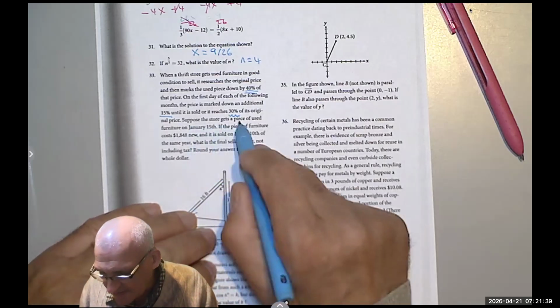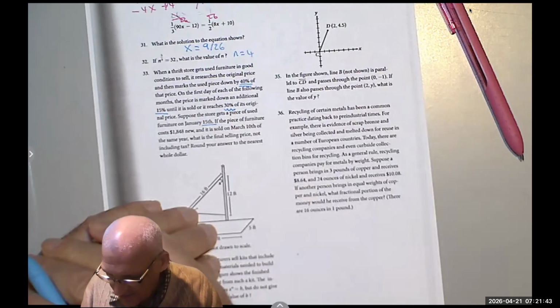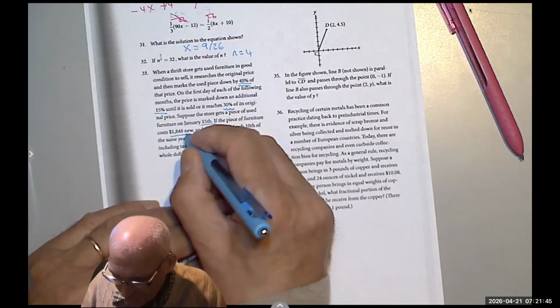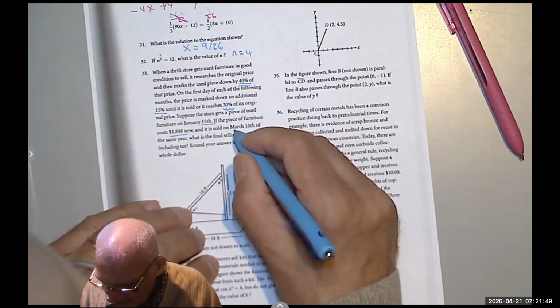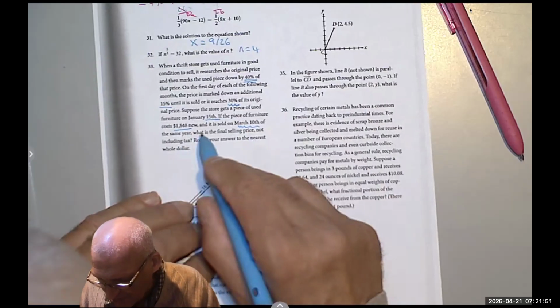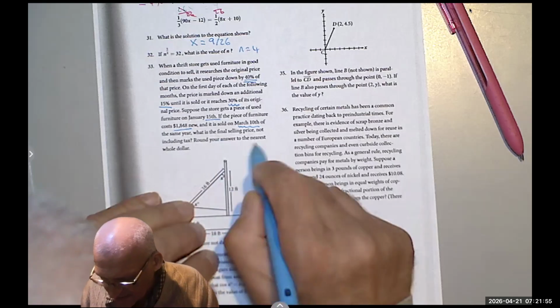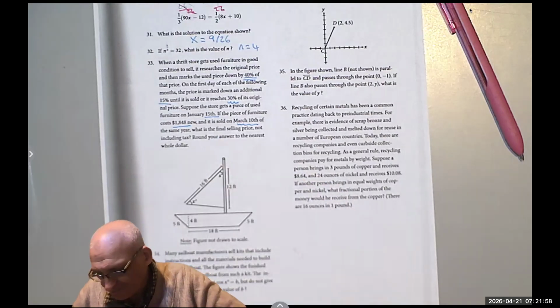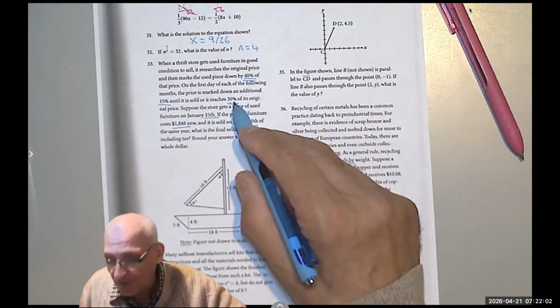Suppose the store gets a piece of used furniture on January 15th. The price is $1848 and it's sold on March 10th of the same year. What is the final selling price, not including tax? Round your answer to the nearest whole dollar. Be careful. If we go below 30%, we stop at 30%.